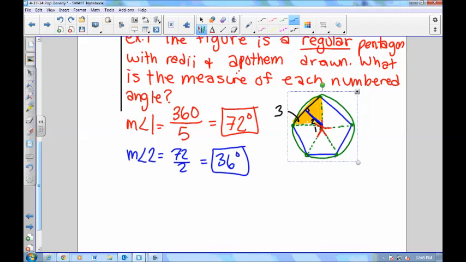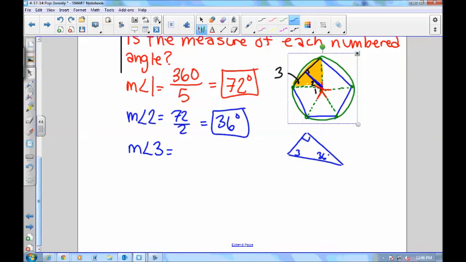Okay, I'm going to just draw half of the yellow triangle, the right angle part. That's my right angle. We just got that this is 36, and we're looking for angle 3. What do we know about the 3 angles in a triangle? Can't I just use 180 to help me figure out angle 3?